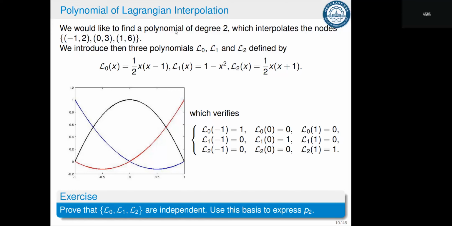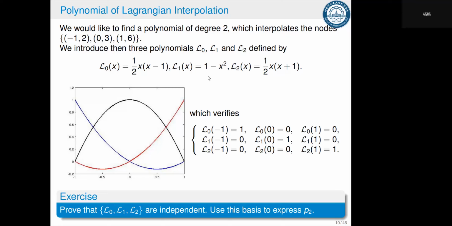We want to find a polynomial of degree 2 which interpolates these three nodes. This time, I will first introduce three polynomials L0, L1, L2 defined here, and the explicit formulation is given here.